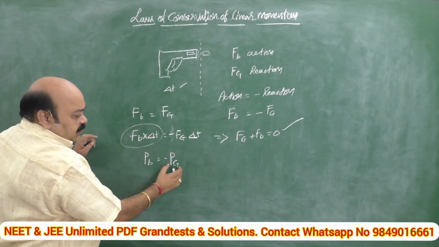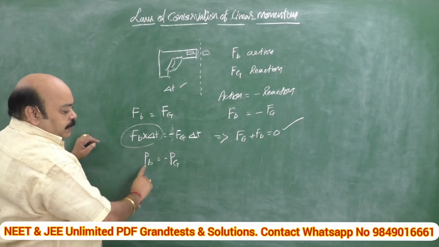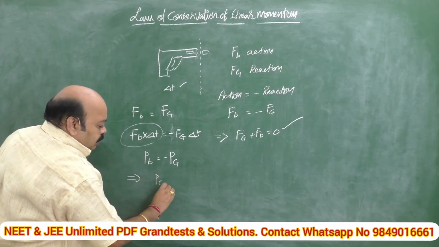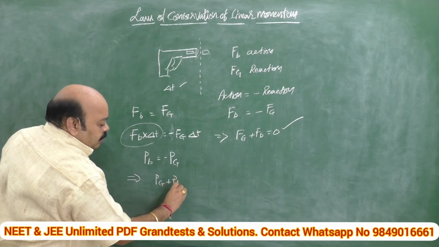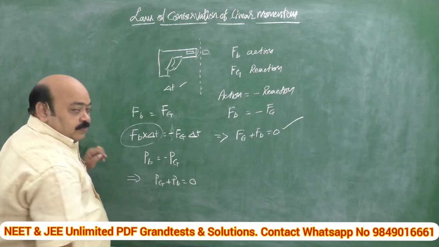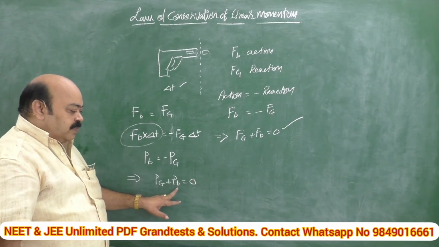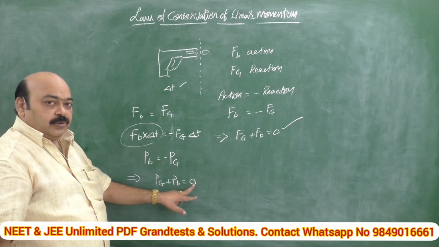That's how we can write Pb equals minus Pg, which implies Pg plus Pb is equal to 0. Momentum of the gun plus momentum of the bullet is equal to 0.